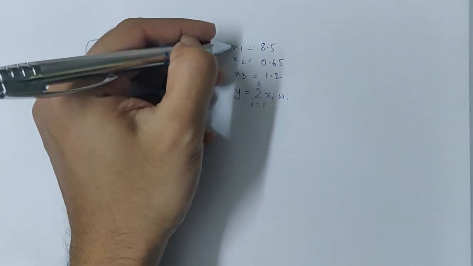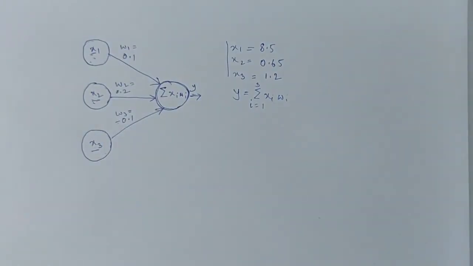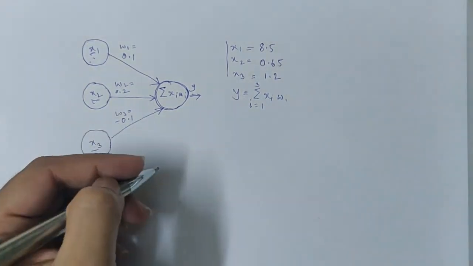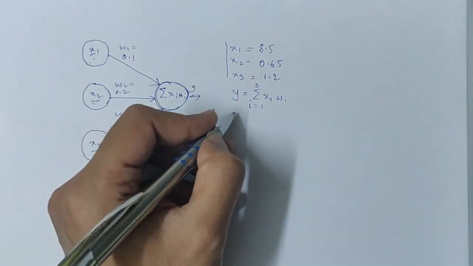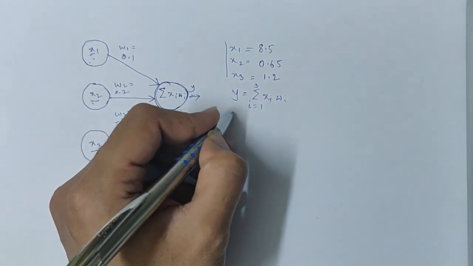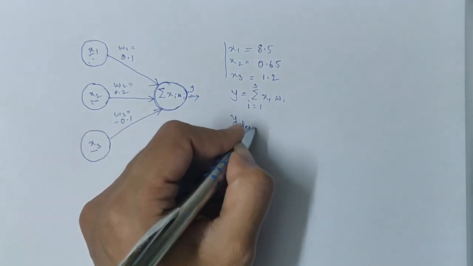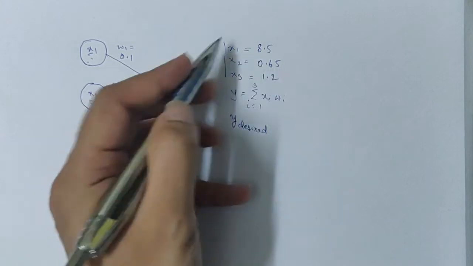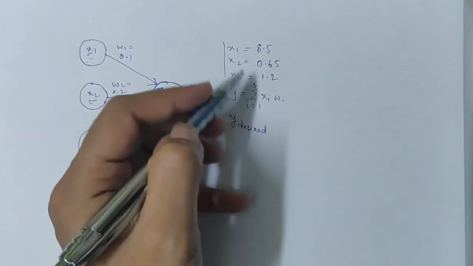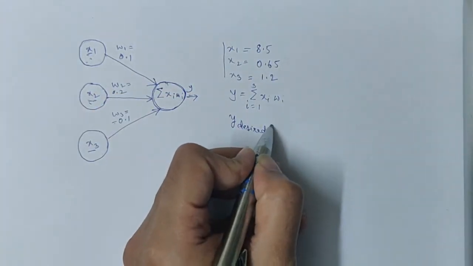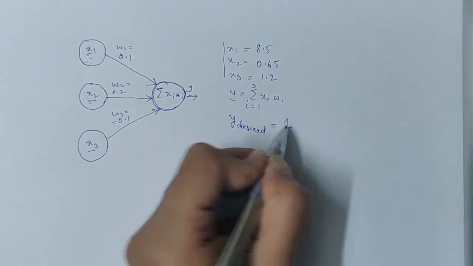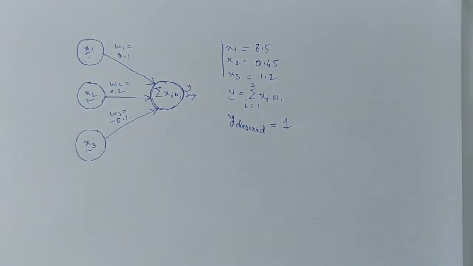So I have assumed some input values already a priori, x1, x2 and x3, and for these values of x1, x2, x3, I want my y desired to be 1. How can I change?